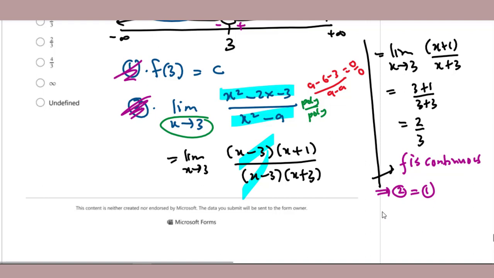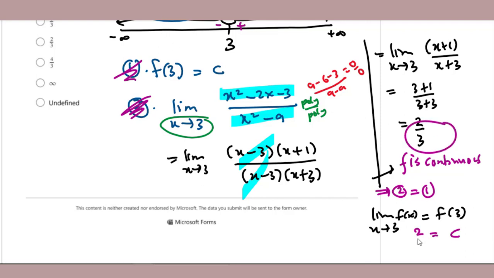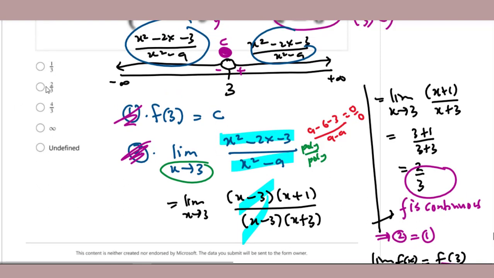Okay, limit f(x) as x approaches 3 is equal to f of 3. So this one is equal to c, and this one is equal to 2 over 3. Therefore, c is equal to 2 over 3. Answer is 2 over 3. Done.